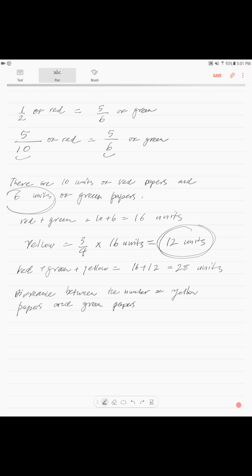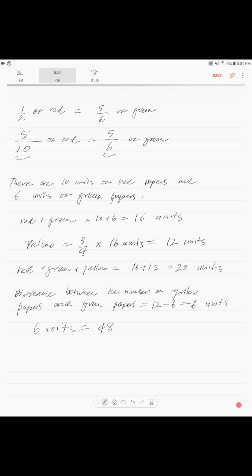We just learned 6 units of green. So 12 minus 6, 6 units. That's the difference. So this difference, they tell us, 6 units is 48 papers.